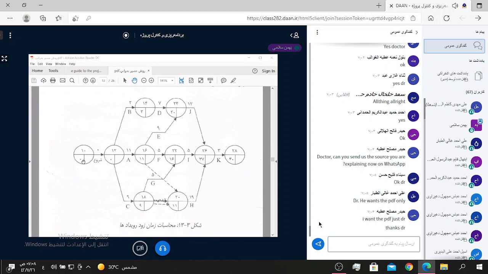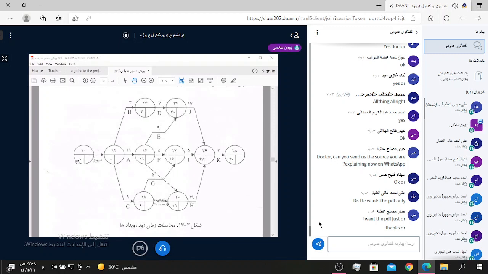And in the bottom of the node, we separated this in two parts, part left and part right.